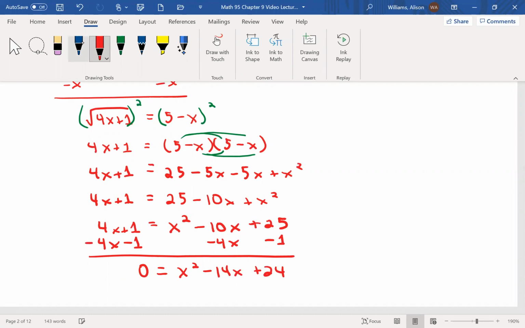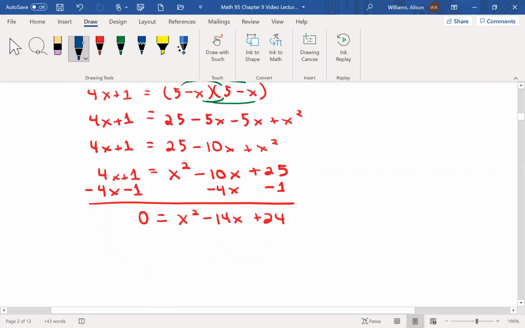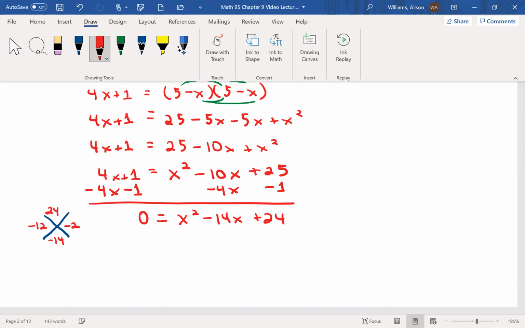And now I'm going to factor this. Okay, so here, let me go ahead and do a little x. So two numbers that multiply to be 24, but add to be negative 14. So they're both going to be negative, and that should be negative 12 and negative 2. And I can use my shortcut.